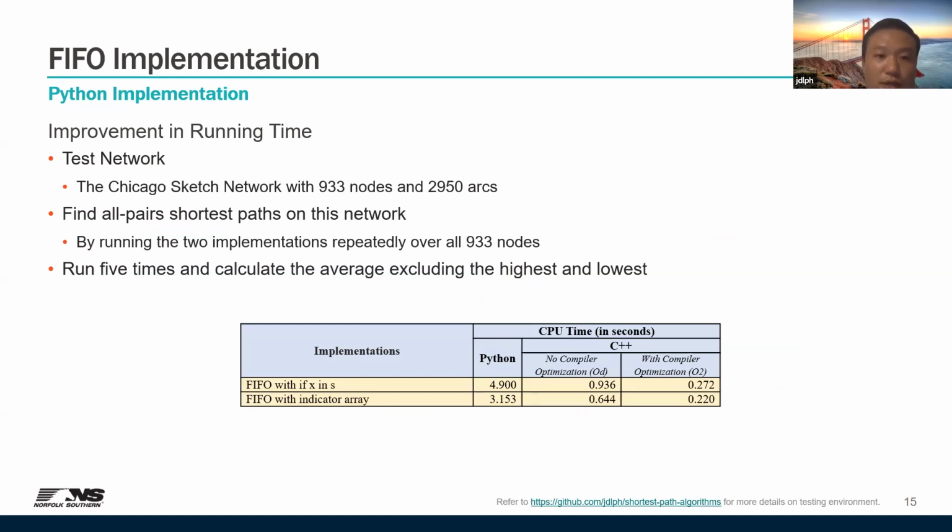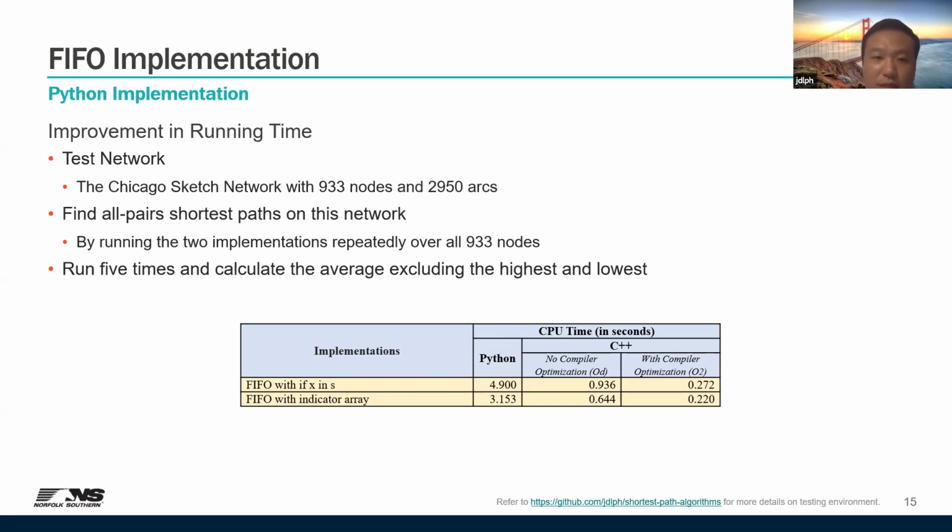We run the two implementations repeatedly over all those 933 nodes to get all pairs shortest paths on this network, basically the shortest path between any two nodes. We run 5 times for each implementation and calculate the average, excluding the highest and the lowest.